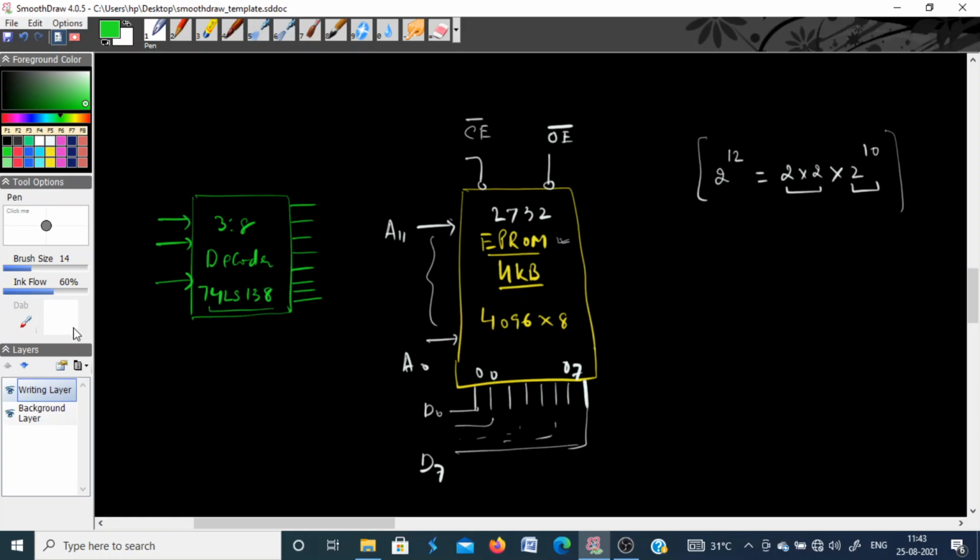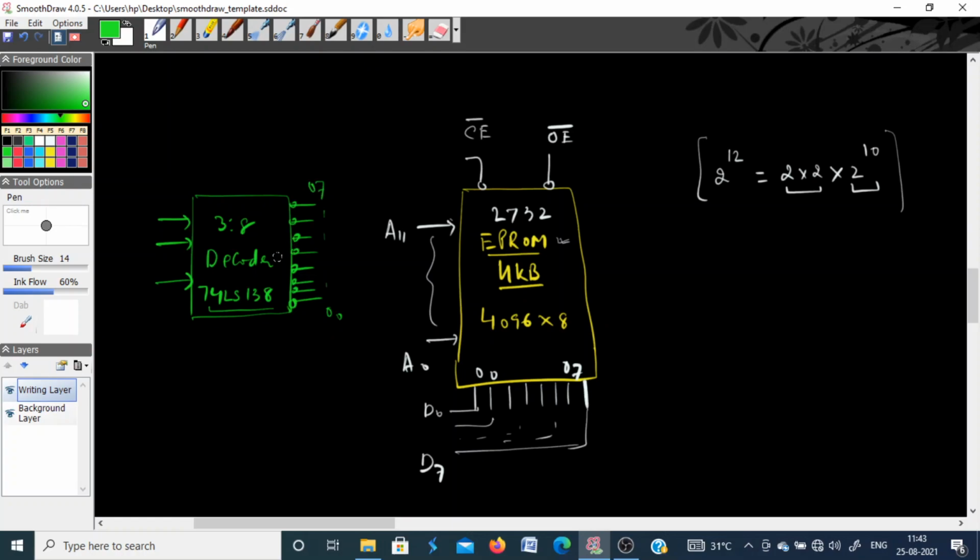This is a 3:8 decoder, and it generally gives you active low output. So all the outputs are low. You have output 0, output 1, up to output 7, 8 outputs here.